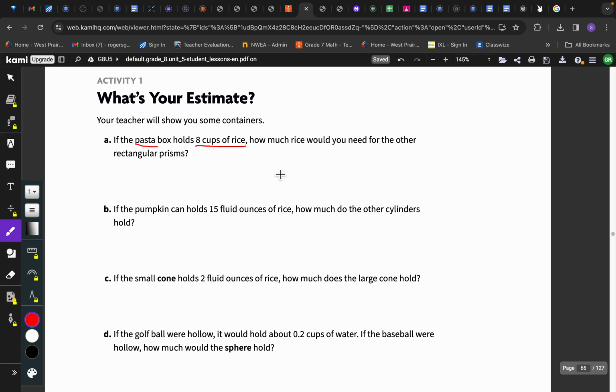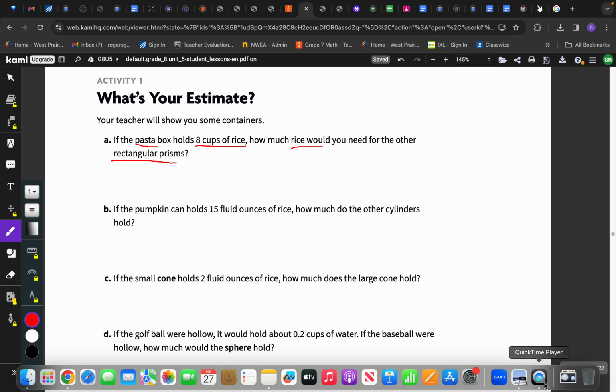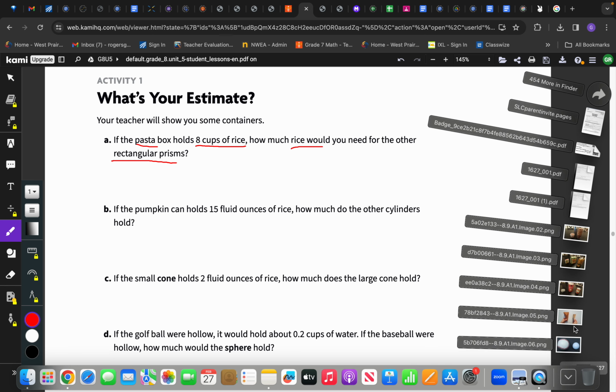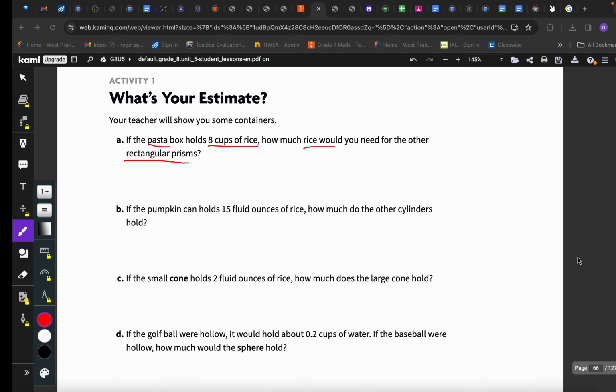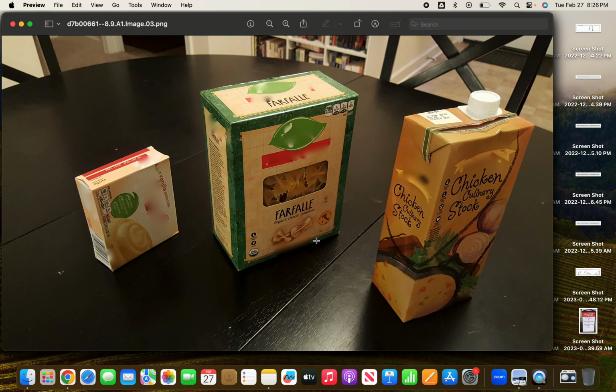It's just saying if there's 8 cups of rice, then how much rice would you need for the other rectangular prisms? So let me show you this picture. Again, the pasta box holds 8 cups of rice. So this one right here, the middle one, holds 8 cups of rice. So how much do you think this one holds?